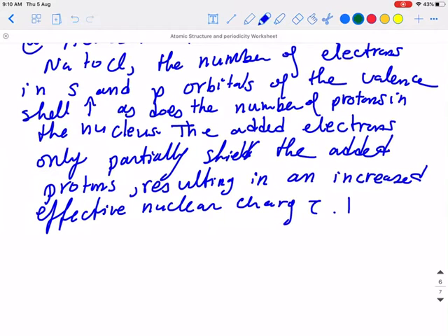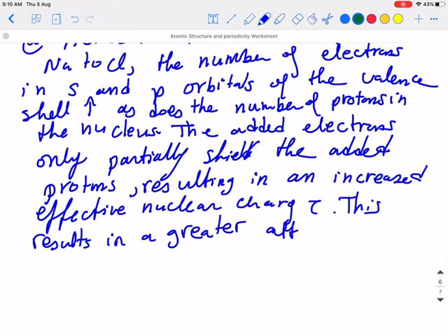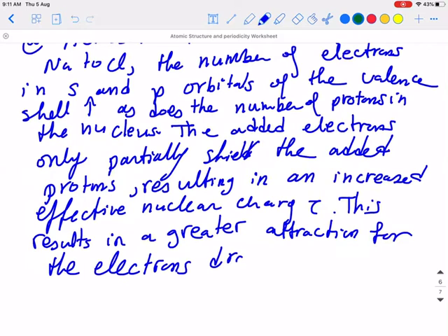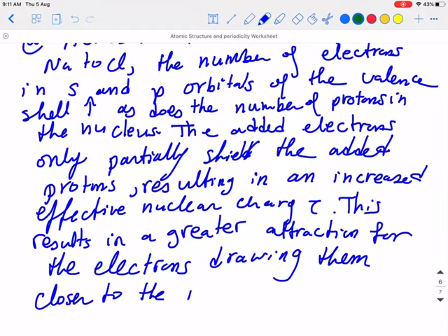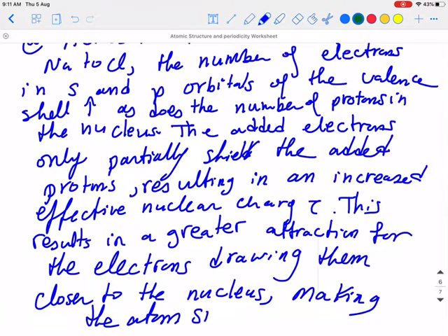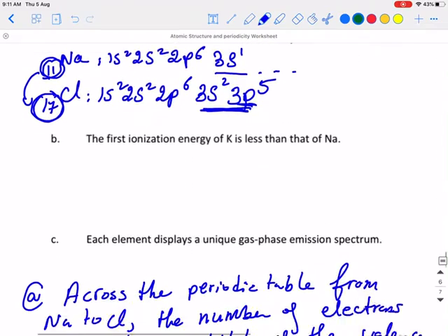This results in a greater attraction for the electrons, drawing them closer to the nucleus, making the atom smaller. So it's because of the effect of a nuclear charge that draws the electrons closer to the nucleus.